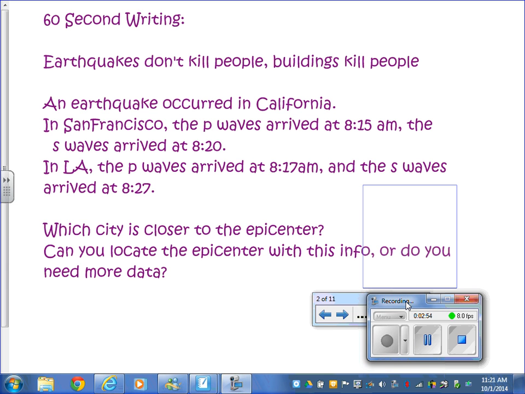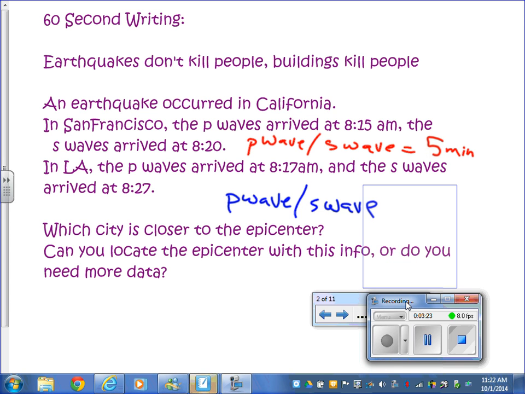Okay, so San Francisco is closer to the epicenter, and how did you figure that out? Okay, so in San Francisco, 8:15 was the P wave, 8:20 was the S wave.